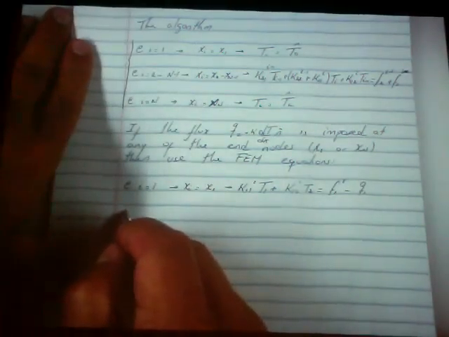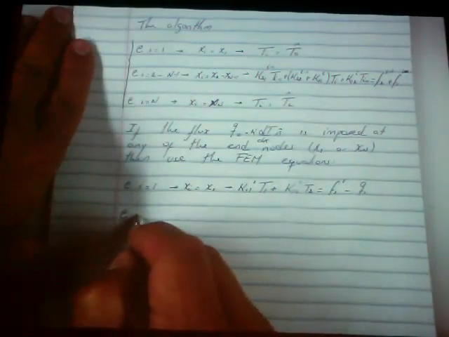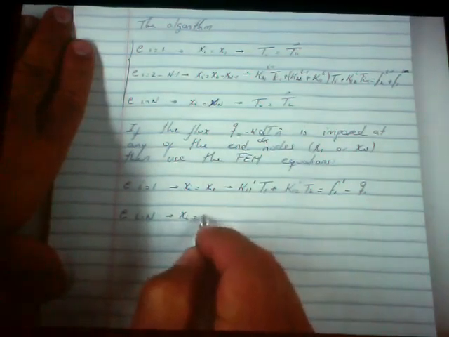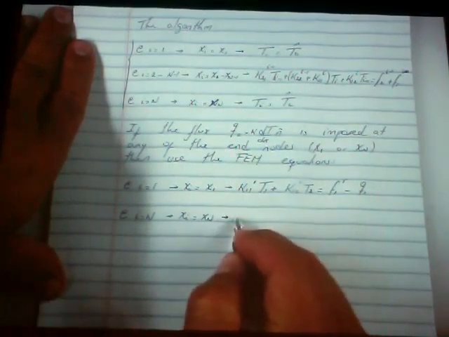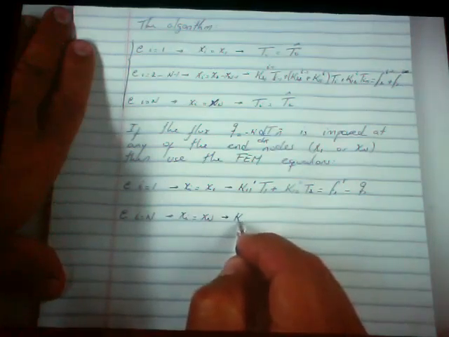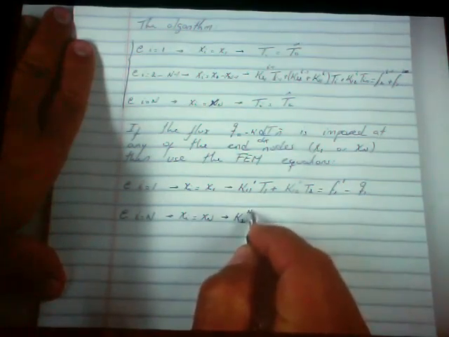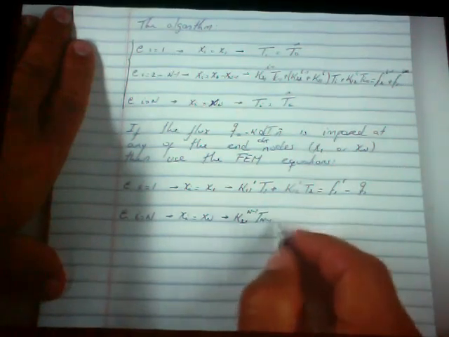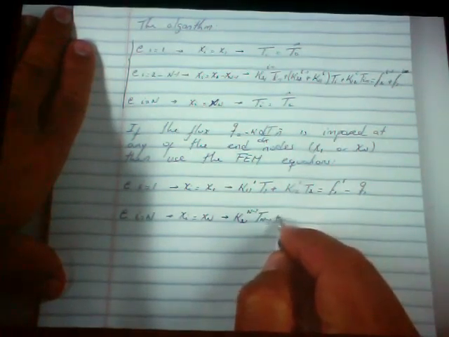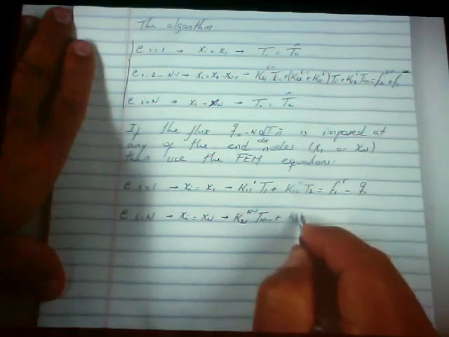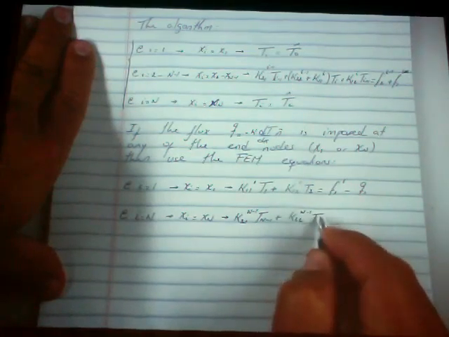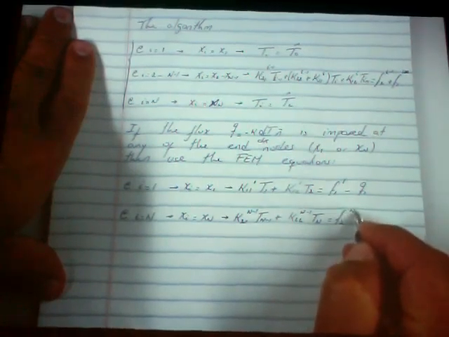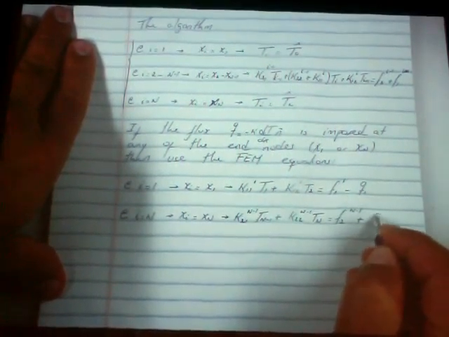And at i equal n, xi is equal to xn, then we have k21 of n minus 1 T(n minus 1) plus k22 of n minus 1 Tn is equal to F2 of n minus 1 plus Qn.